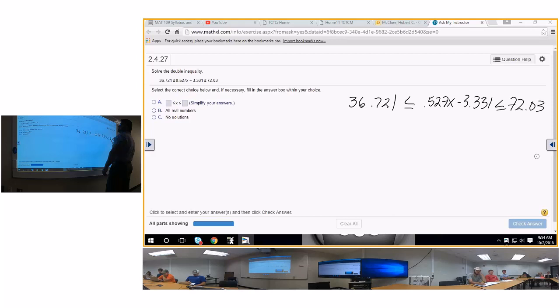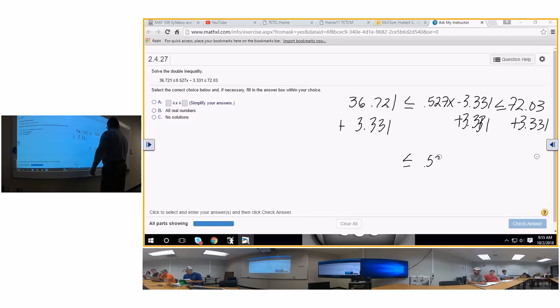All right, somebody add 3.331 on each side, and that'll give us in the middle 0.527x. And then what is 75.361? 75.361. Somebody help me out there. Yep.